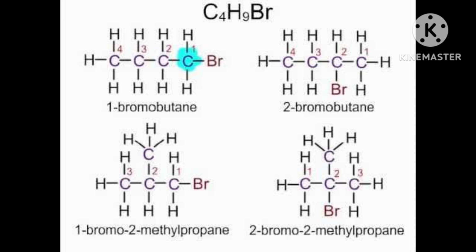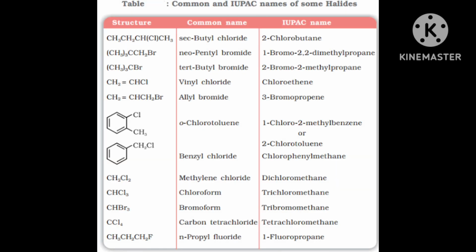Now what will be the IUPAC name? Now this Cl is attached with the first carbon, and methyl is attached with the second carbon. Alphabetically you have to do nomenclature.